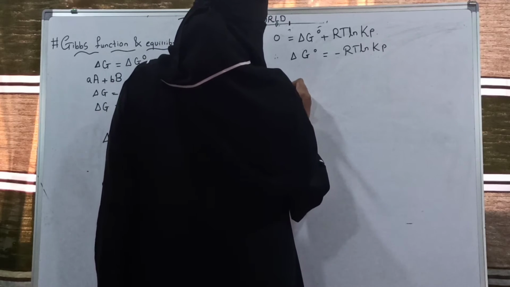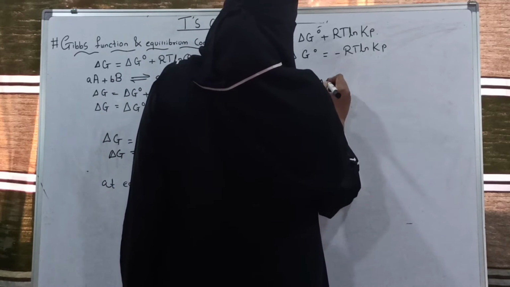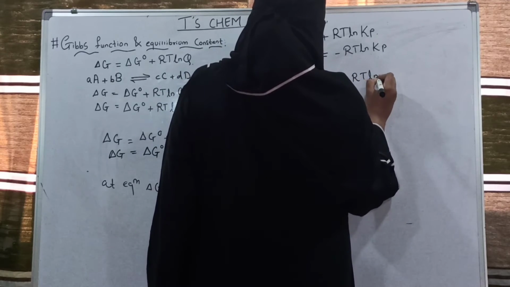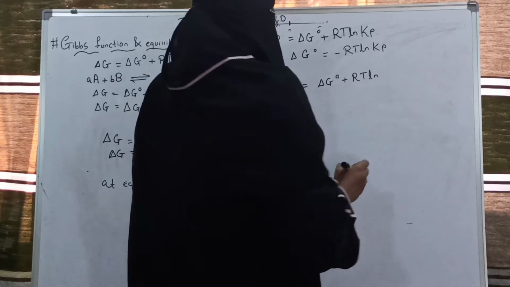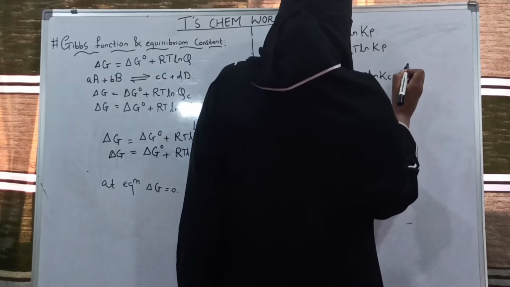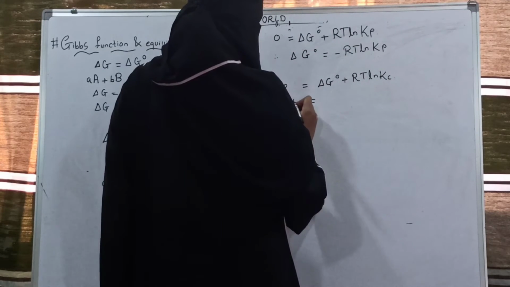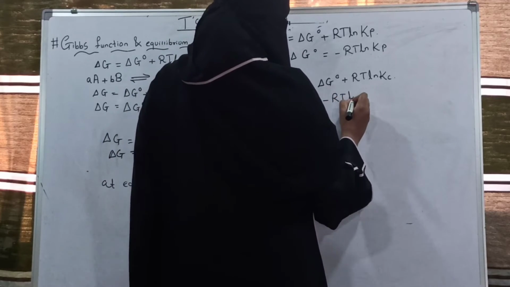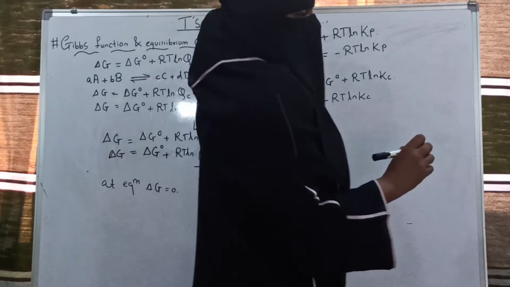Or 0 is equal to delta G0 plus RT ln of Kc, which gives delta G0 is equal to minus RT ln of Kc.